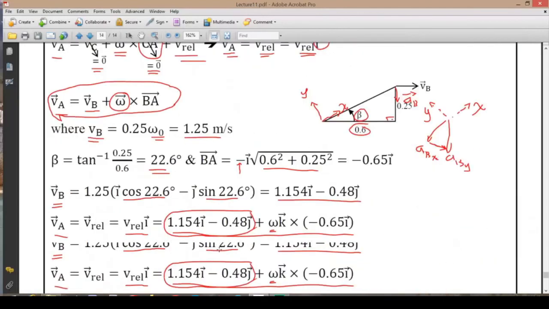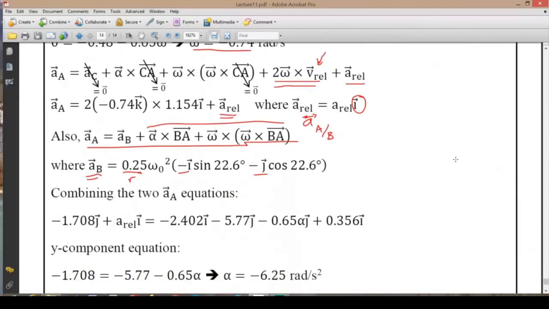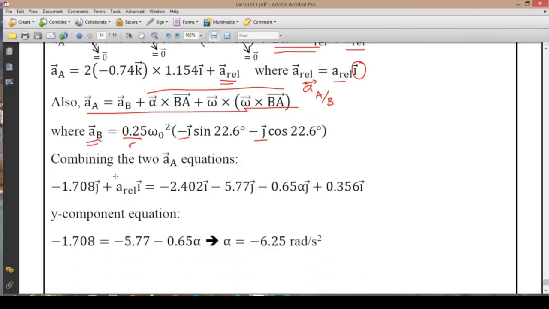But the magnitude of A relative, we don't know.